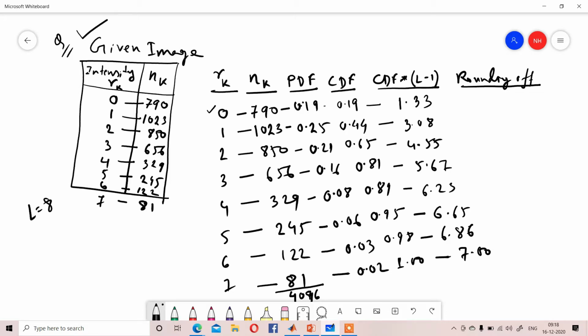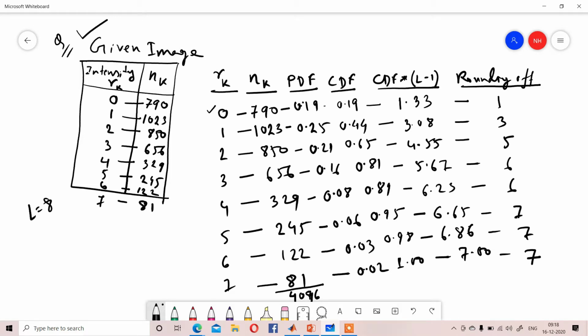So that is your CDF multiplied by L minus 1, and if you round off, this is 1, this is 3, this is 5, this is 6, this is 6, this is 7, 7, 7.